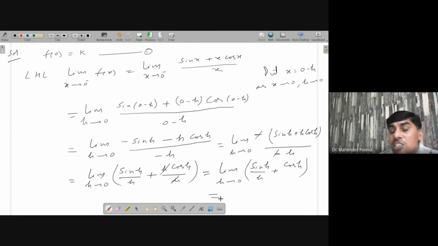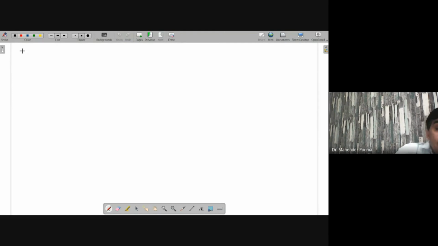Now we put h is equal to 0. Sin h divided by h is always equal to 1, a standard limit. When theta tends to 0, sin theta upon theta is 1, and cos 0 is 1. So 1 plus 1 is equal to 2. Clear?